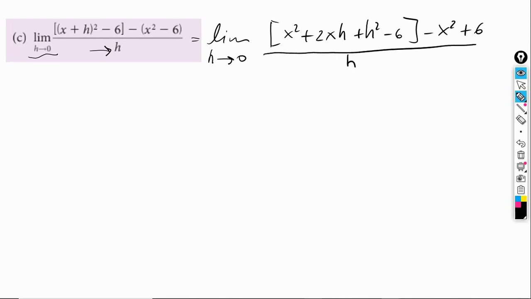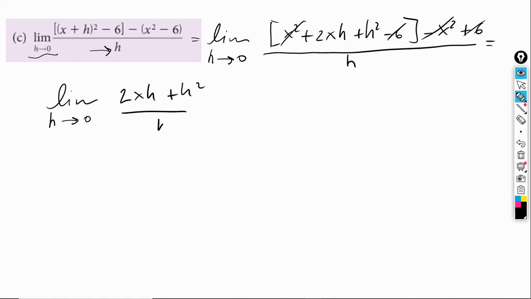So what we need to do is find a way to cancel h. And I think we can see here that h will be canceled out because x squared minus x squared cancels out, and negative 6 plus 6 would also cancel out. So we end up with this expression. Now don't forget to rewrite this limit thing because it'll cost you points if you don't. So limit as h approaches 0 of 2xh plus h squared over h, and then let's factor out h on the top. So rewrite, always rewrite this.